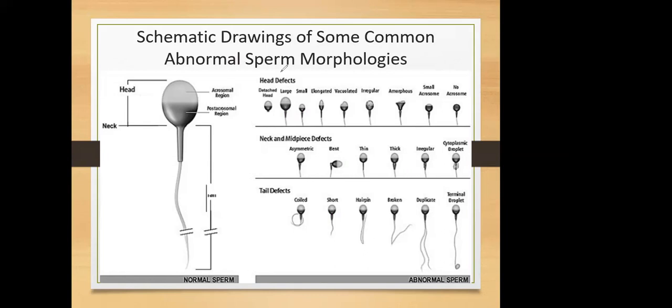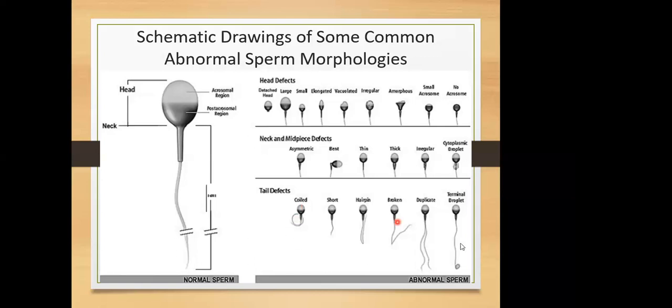This is a typical terminal CD. All right. This is a tail with a cytoplasmic droplet at the end of the tail. This terminal droplet, or terminal CD, makes it abnormal. Of course, this is duplicate, a broken or bent or kinked, hairpin, short, coiled.